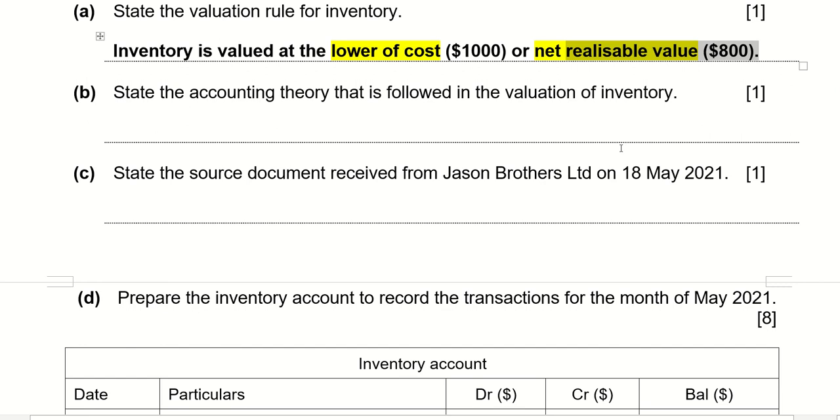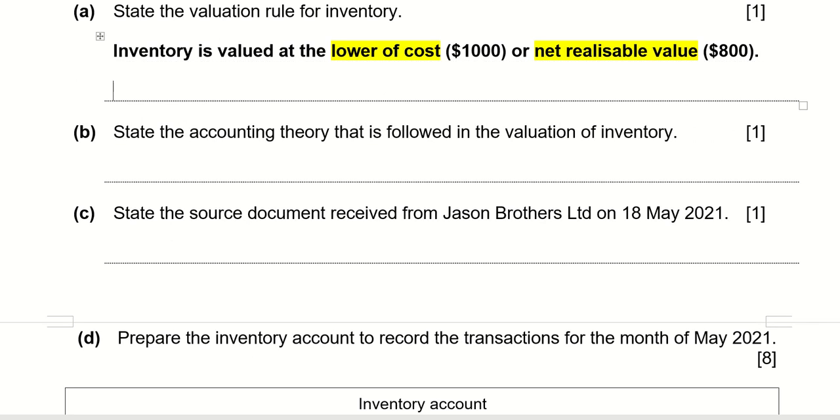It means that in this case, you purchased the inventory at a cost of $1,000, but you can only sell it at $800. You have made a loss. And when you make this loss, you need to recognize the loss immediately. You will also need to reduce the cost of your inventory.